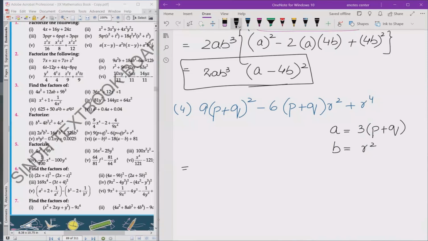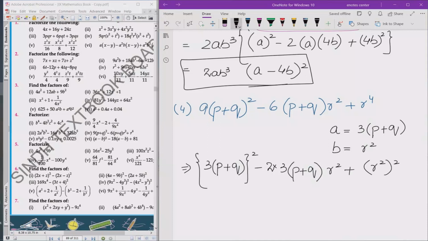So now we will apply this 3 times p plus q and we write like this, square minus 2. And after that, we will write 3 multiplied by p plus q and r square, which is B, and r square whole square.